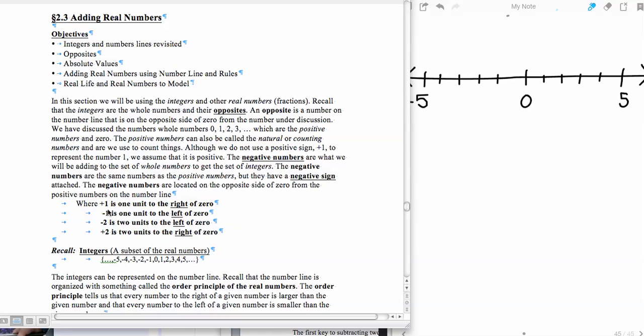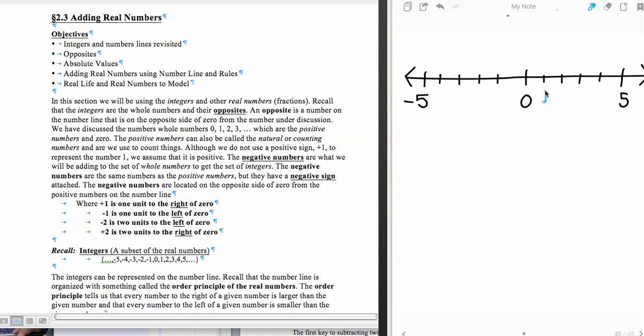So positive 1 is 1 unit to the right of 0, and negative 1 is 1 unit to the left of 0. So we see 0 here, 1 unit to the right, that is a positive 1. And then 1 unit to the left, that one is a negative 1, and that's what we mean by that.